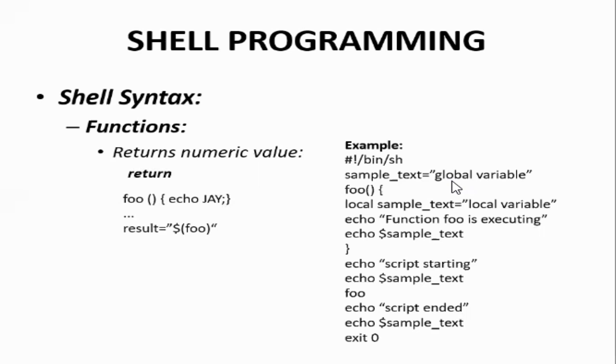And it contains an echo statement "function foo is executing", followed by echo $sample_text to display the value of the variable sample_text, followed by echo "script starting", followed by echoing the sample_text variable. And at the end of the script, if you observe, I have added echo of the sample_text variable.